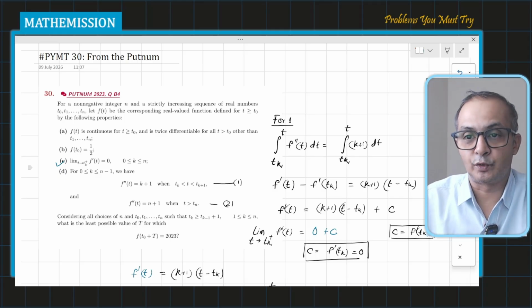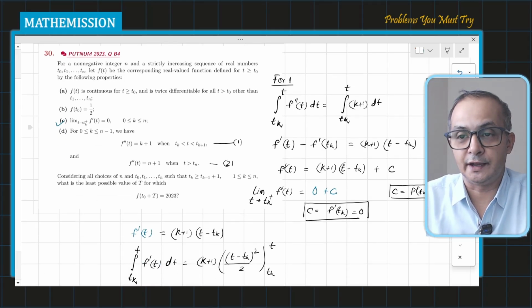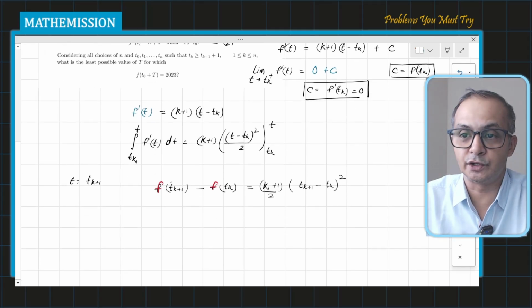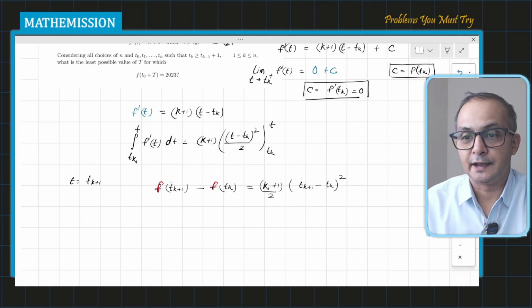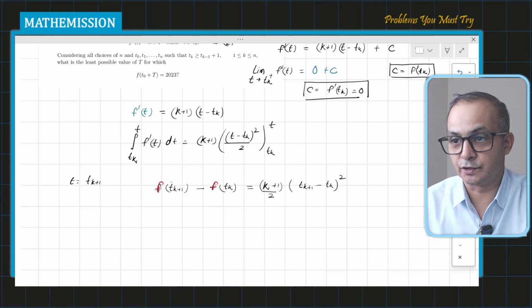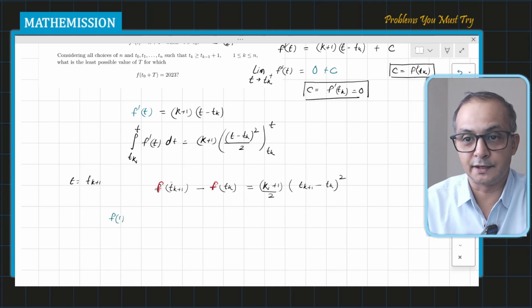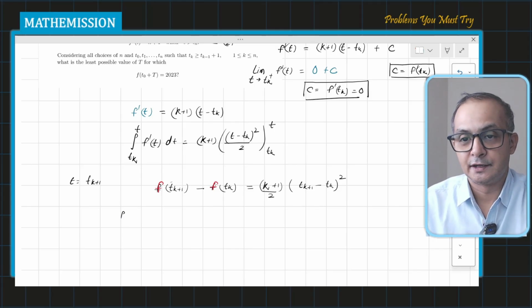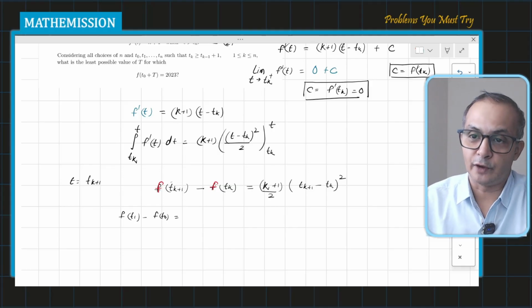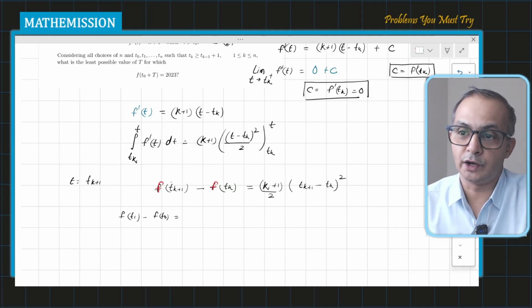So at k equal to 0, that will give you f1 minus f0, correct? So that is f of t1 minus f of t0, not f1 directly, and this side also you get.